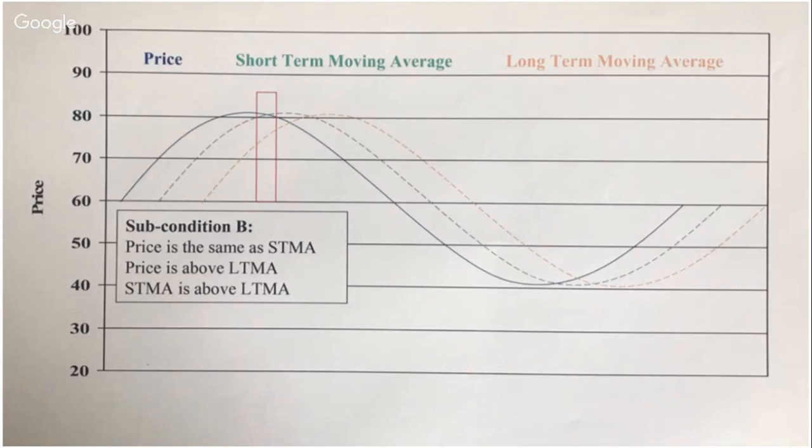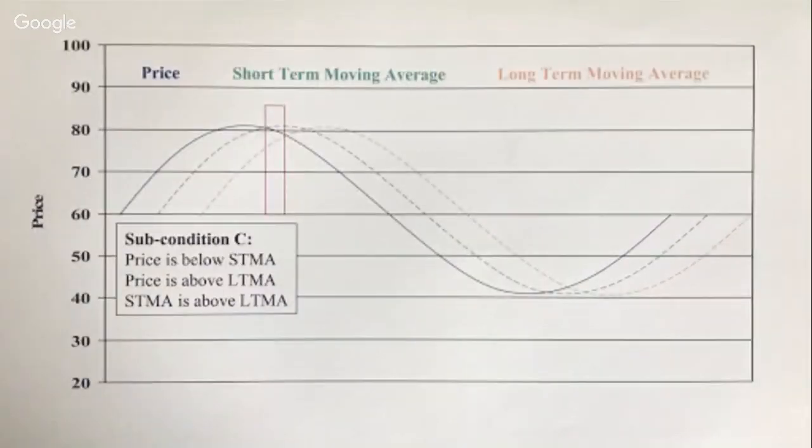Okay, that is condition B. Condition C, the price continues down and is below the short-term moving average, and it's still above the long-term moving average, and the short-term moving average is above the long-term moving average.